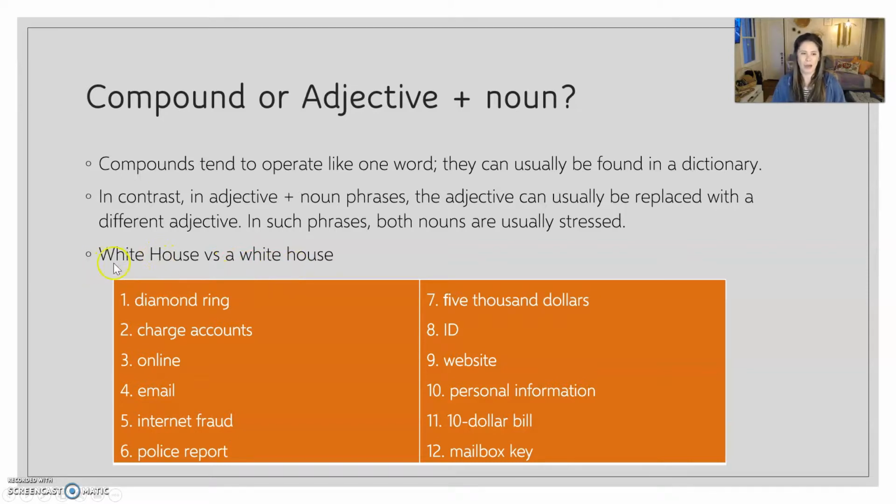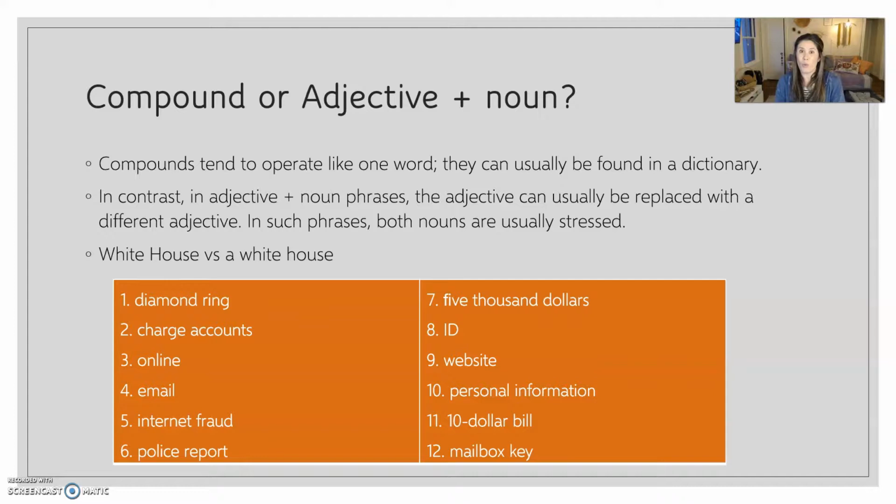The White House, in this case, is a compound noun, right? It functions as one thing that has its very own definition.